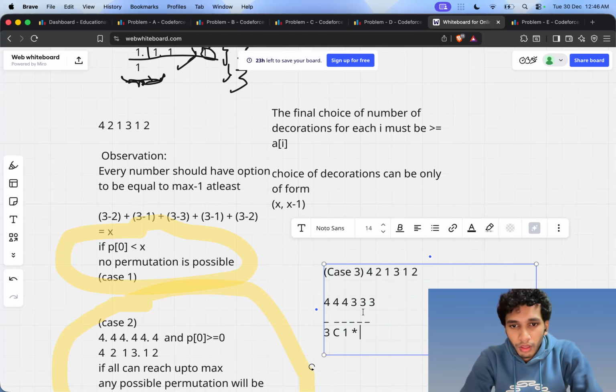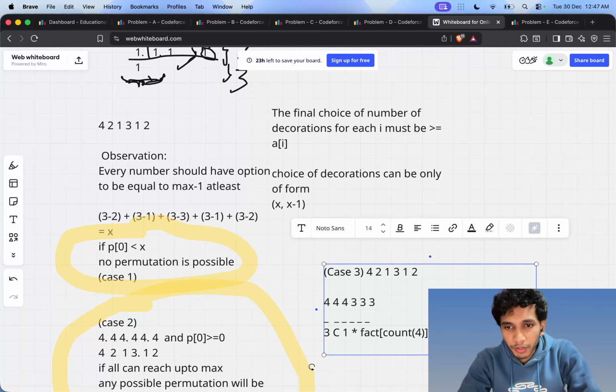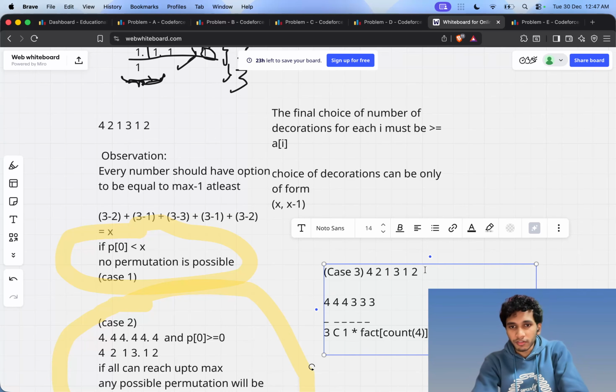Now, for the very first choice, for the 4s that we had, arrange them among themselves: factorial of the count of 4, multiplied by the factorial of the leftovers, that is 2, 1, 3, 1, 2. They all will be arranged among themselves.